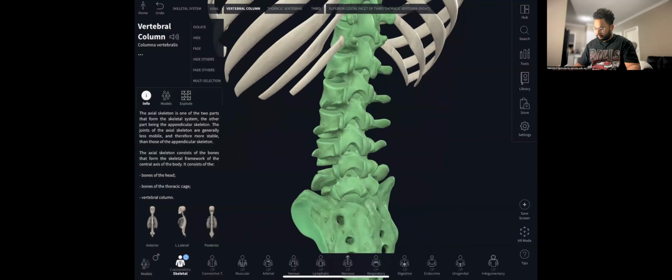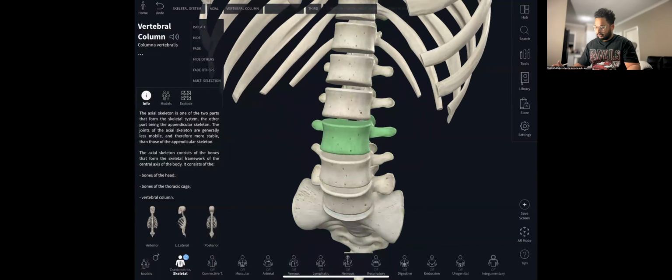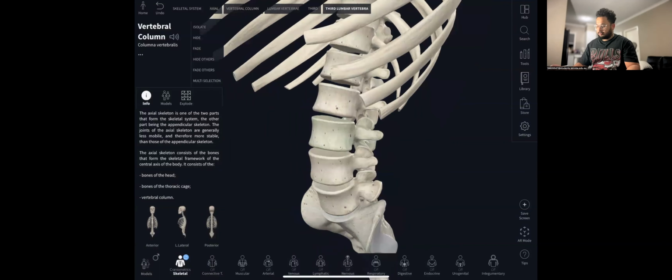Let's go to the lumbar region. In the lumbar region, we have five vertebrae.